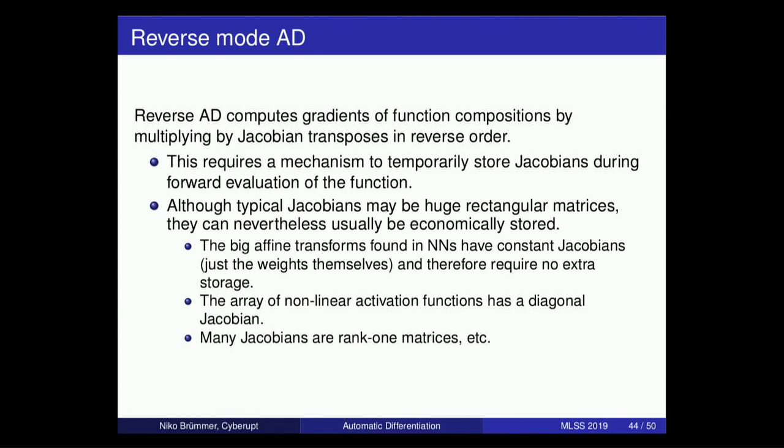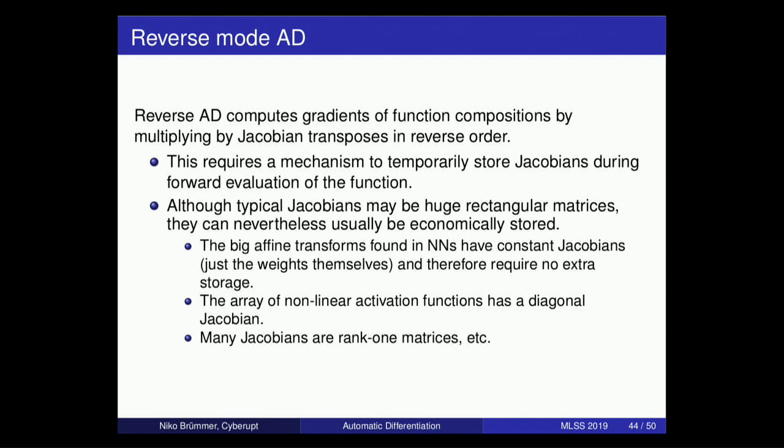If you're looking at the bottom layer of a neural net, there's this big matrix multiplication happening, but the Jacobian is just the weight matrix itself, so you don't need to store it again. It's there already. The other example, which I just mentioned, that array of nonlinear activation functions, if you regard that as a vector-valued function, then the Jacobian is going to be diagonal, and so on.